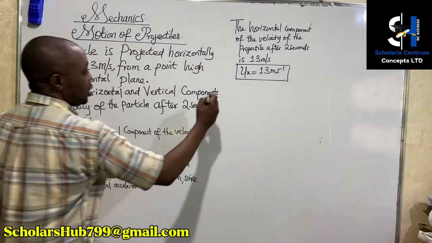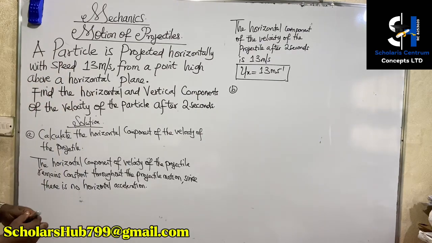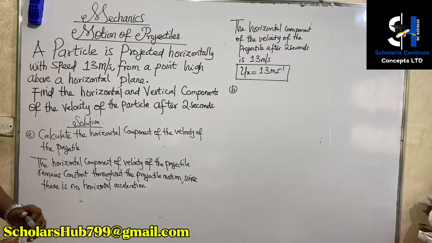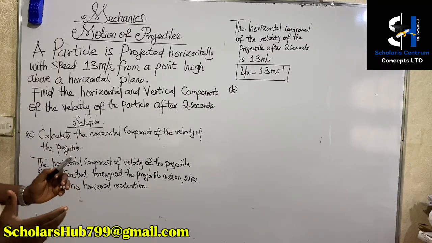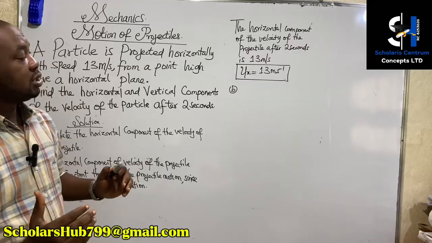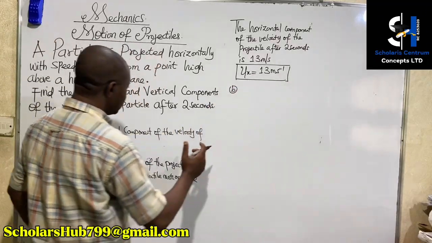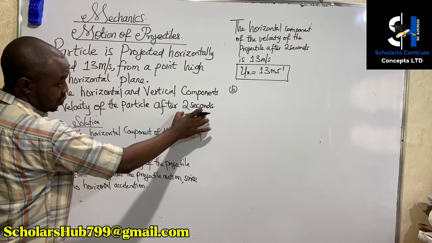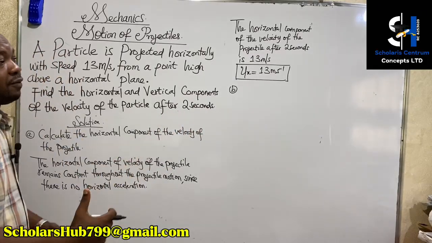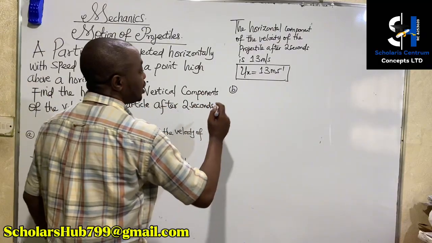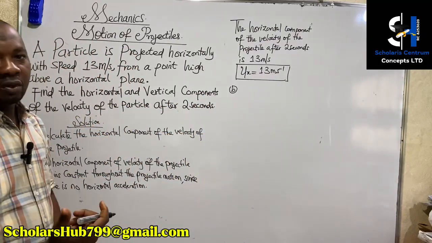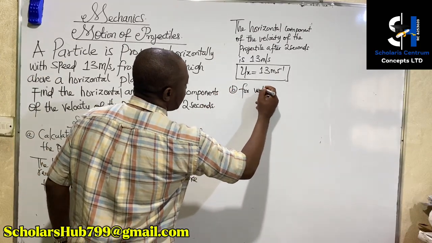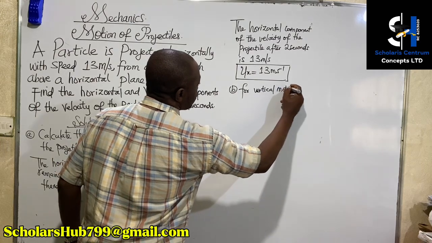Then also we want to calculate the vertical component of the velocity of the particle after 2 seconds. For that, we are going to use this equation. For vertical motion, the initial vertical velocity will be equal to 0.